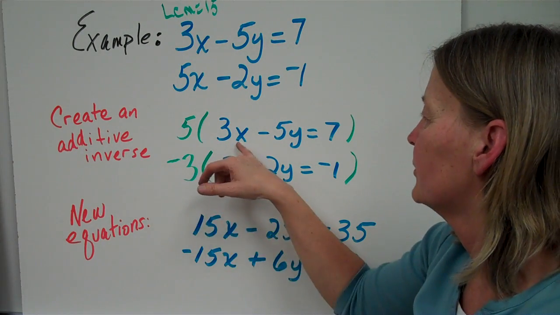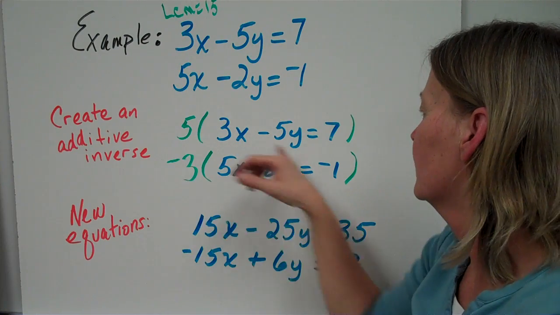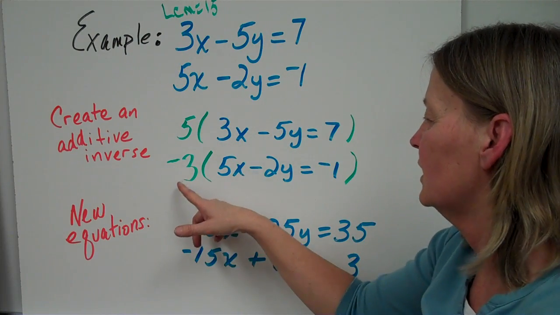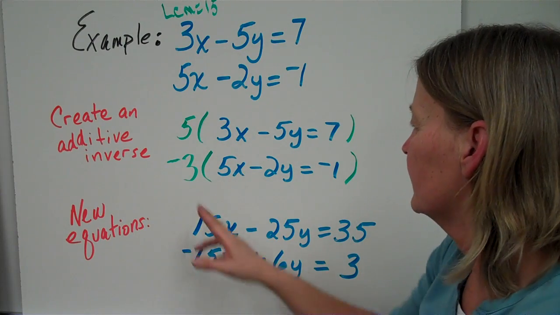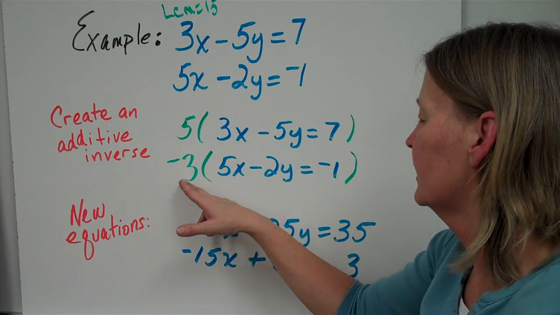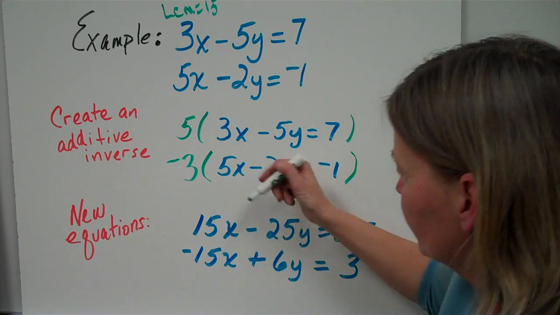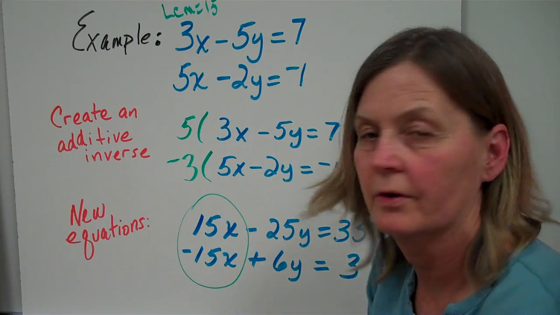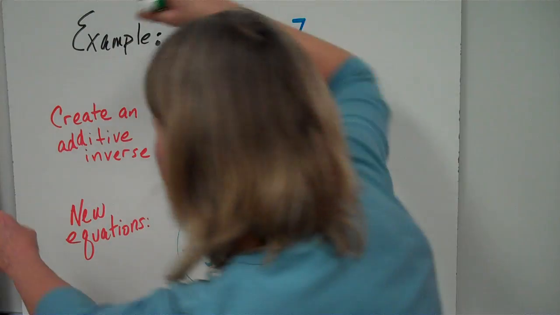So 5 times 3x is 15x. 5 times negative 5y is negative 25y. 5 times 7 is 35. This is the key. Negative 3 times 5x is negative 15x. That's what we wanted. Negative 3 times negative 2y is plus 6y. And negative 3 times negative 1 is a positive 3. Additive inverse. So those are the new equations.